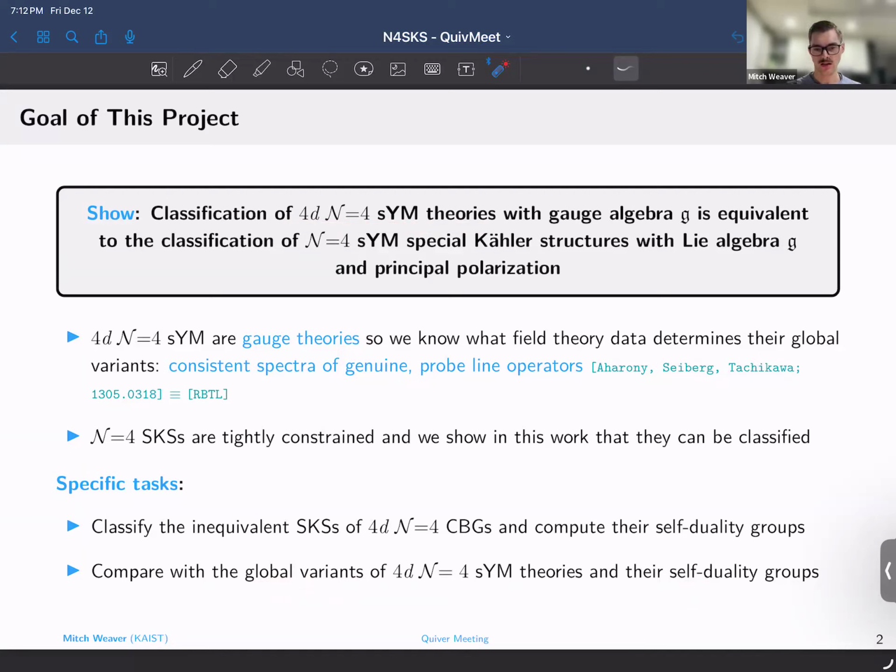And later on, I'll remind you of what I mean by the global variants here, how they get organized and acted upon by S-duality, and how you can extract what their self-duality group is.